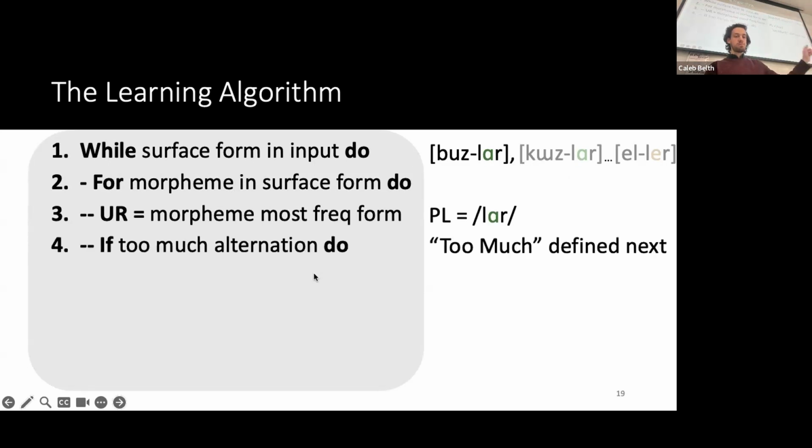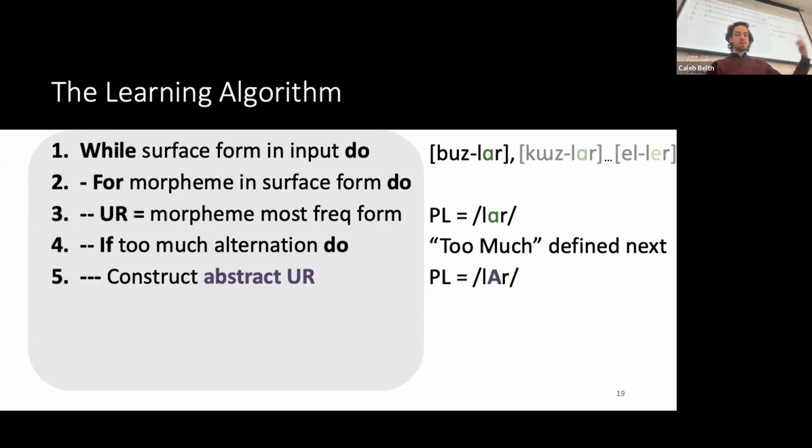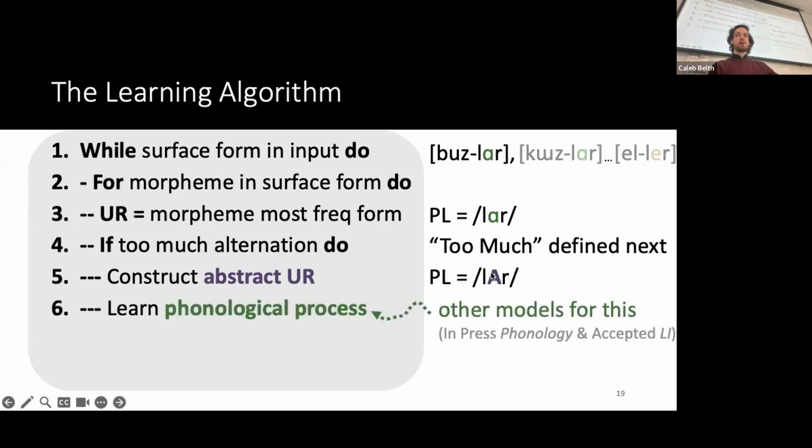Okay. And then if there's this quote unquote too much alternation, so enough alternation that it foils generalization, in a way I'll make precise in the coming slides, then the model will construct an abstract underlying form for that morpheme, like underspecifying the backness of the vowel, and then learn a phonological process to map that underlying form to its surface realizations.